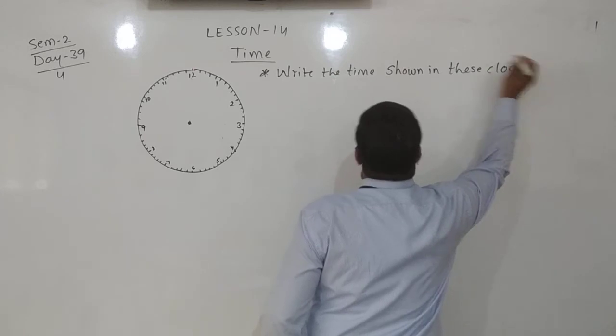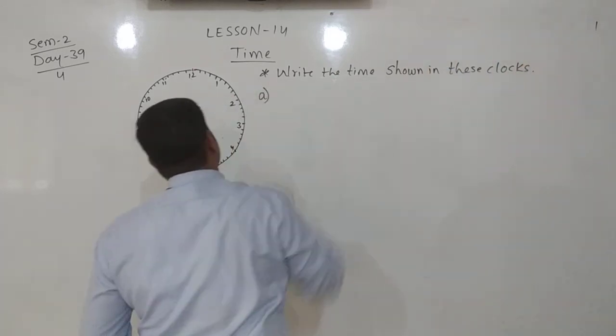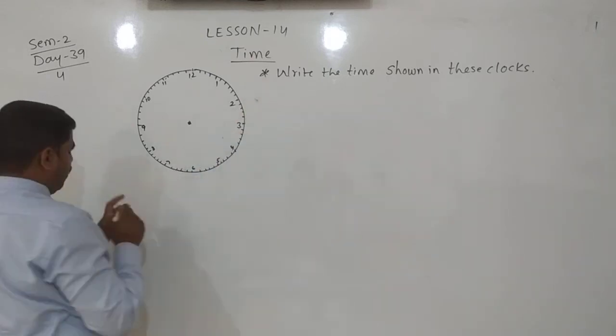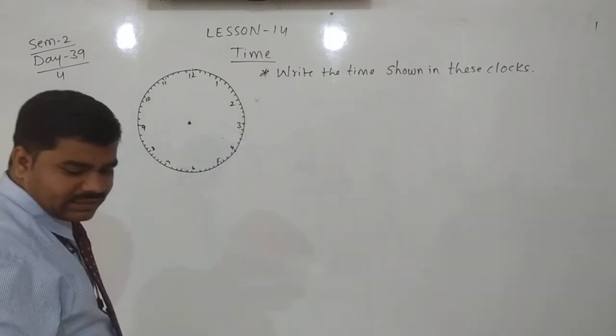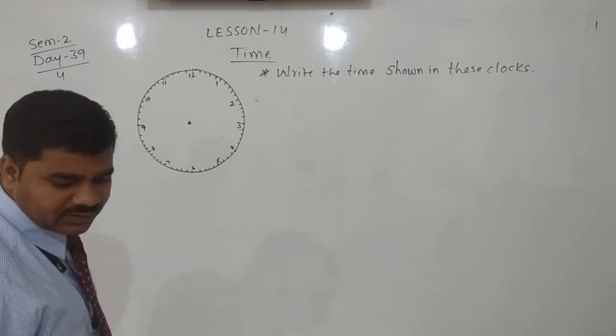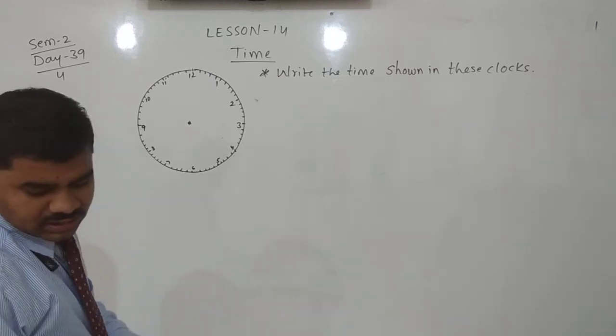Here, the first one is A. We can draw a clock with the help of a compass, or you can take a bangle. With the help of that bangle, we can draw a clock.